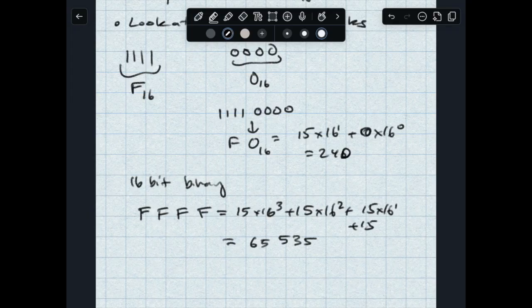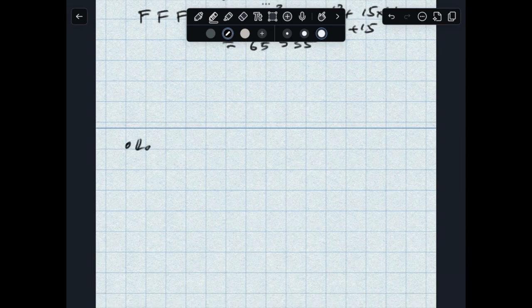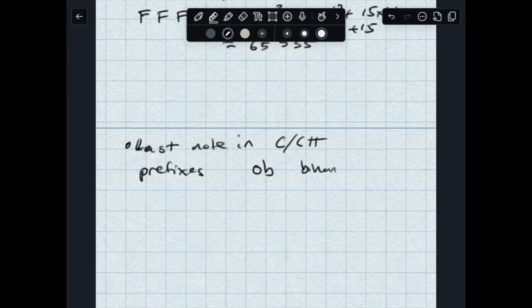So one last note is in C or C++, we have prefixes for binary and hex. For a binary number, we use 0b, and for hex, we use 0x.